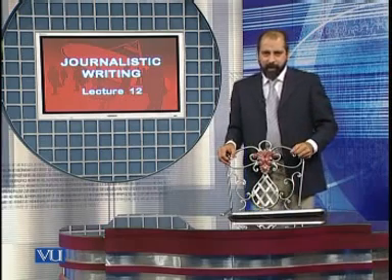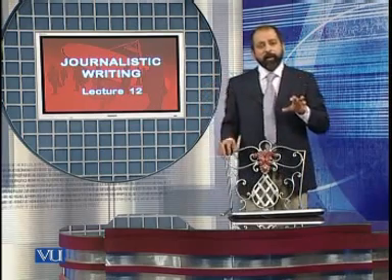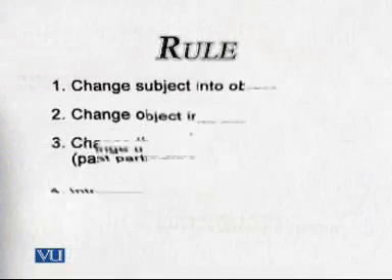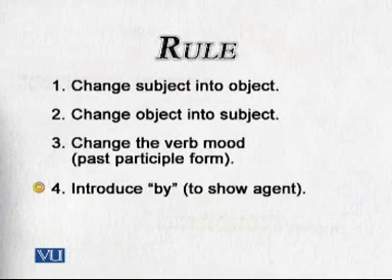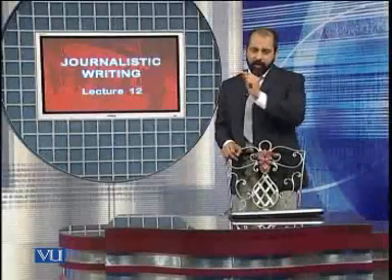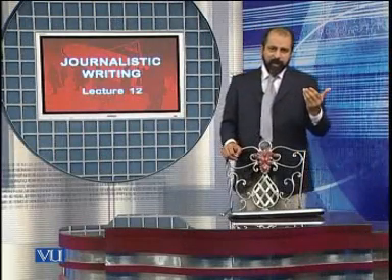Cakes are baked. Stress is on the action. Who? Now then you can say by Aroma. And in passive, we always use the past participle form of the verb. And then if we want to show the agent, we apply by and then the agent's name. Aroma bakes cakes. Cakes become subject.